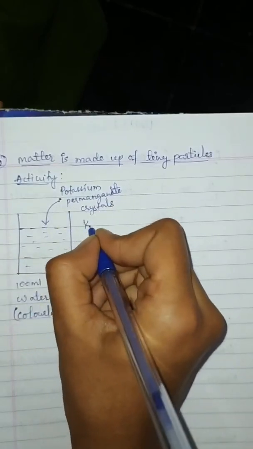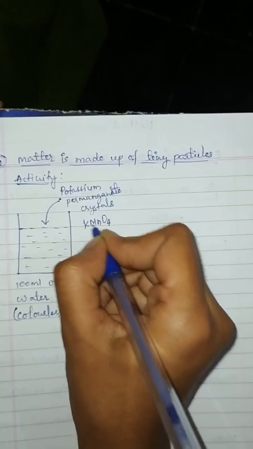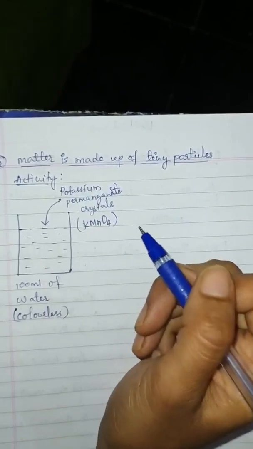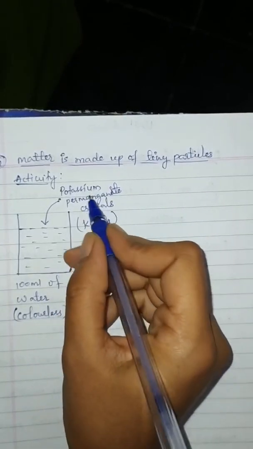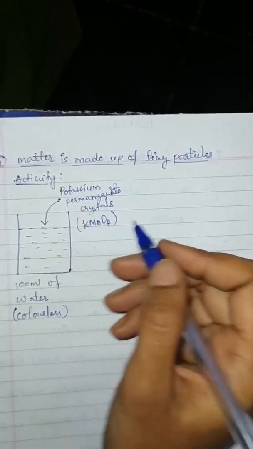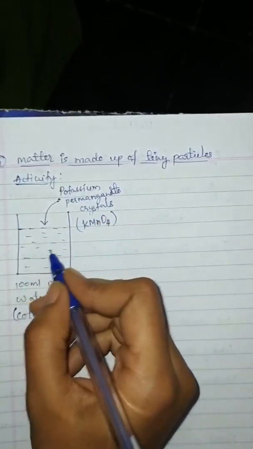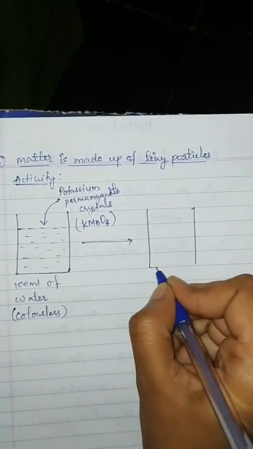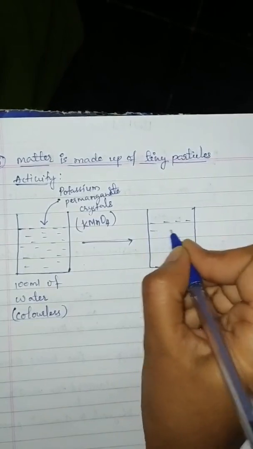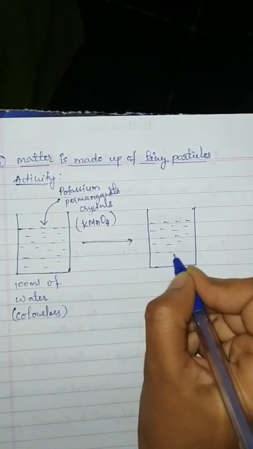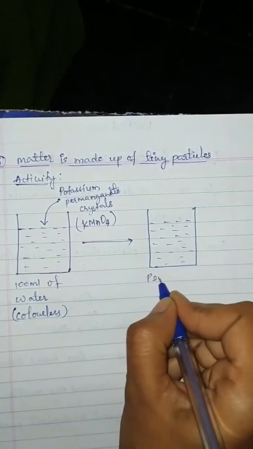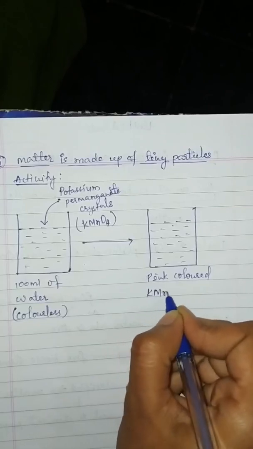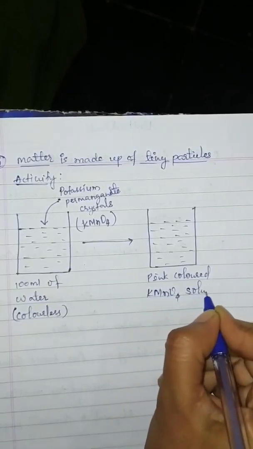The chemical formula of potassium permanganate is KMnO4. To this 100 ml of water, I am adding the potassium permanganate crystals. When these crystals are dissolved in this water, we will get pink colored potassium permanganate solution.